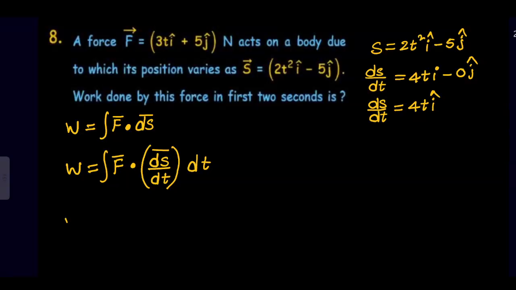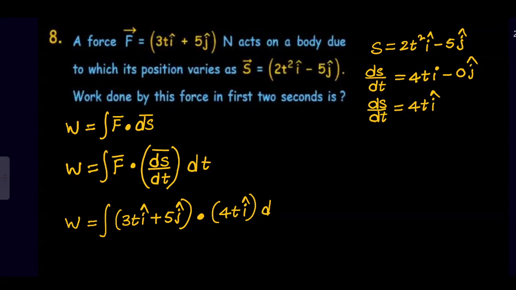So this value we place here. The integral of F, which is 3t I cap plus 5j cap, dot with ds by dt, which is 4t I cap, into dt. Now again it is a dot product.